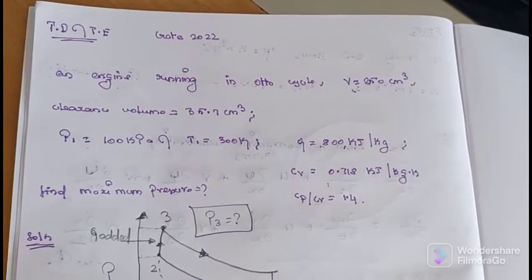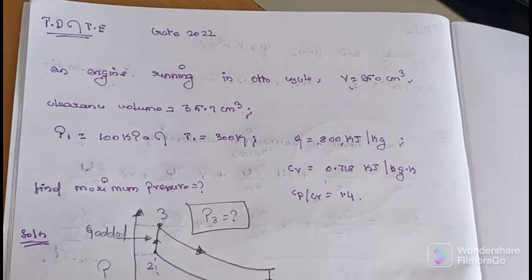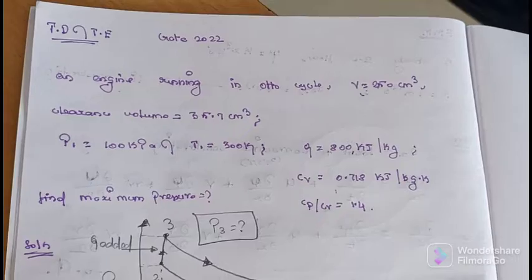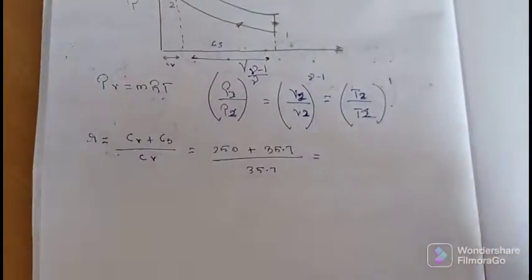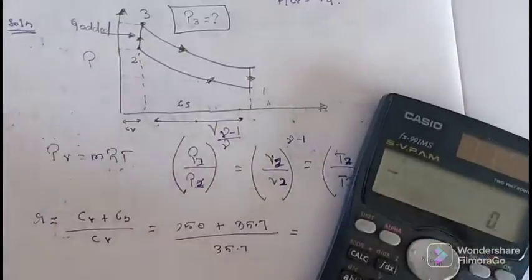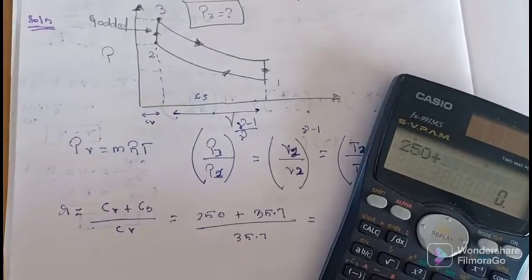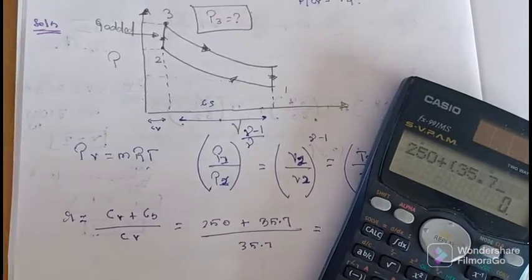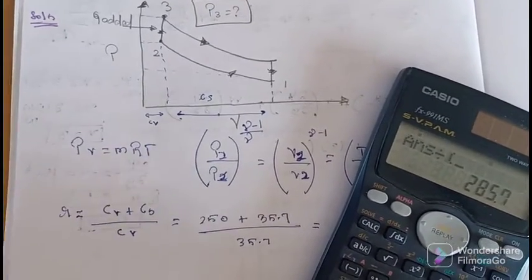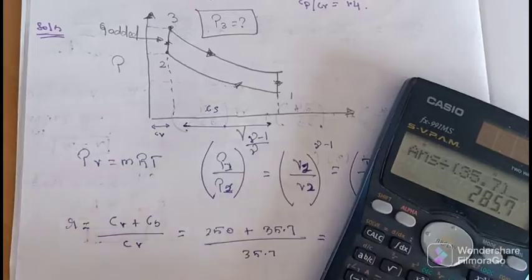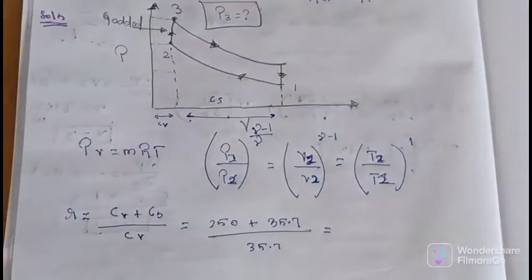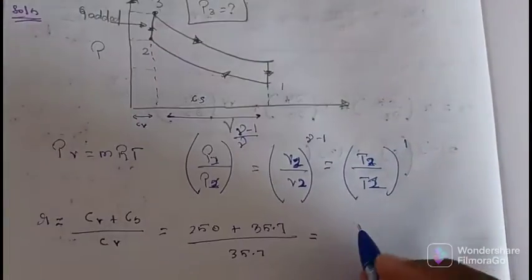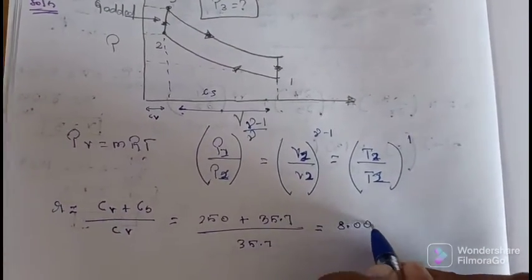Here the swept volume is 250 cm3 and the clearance volume is 35.7. Substituting, 250 plus 35.7 divided by 35.7, we can conclude it as 8.00. So the R value is 8.00.